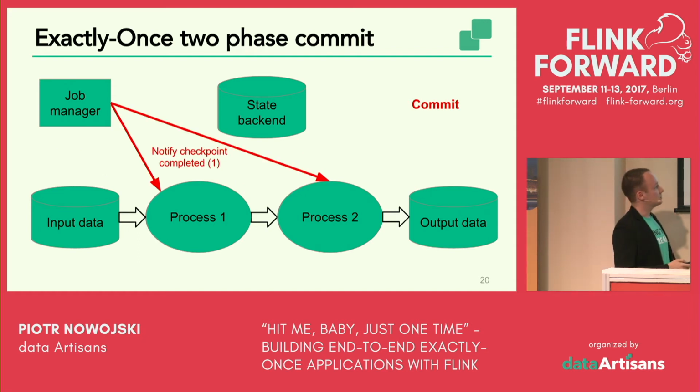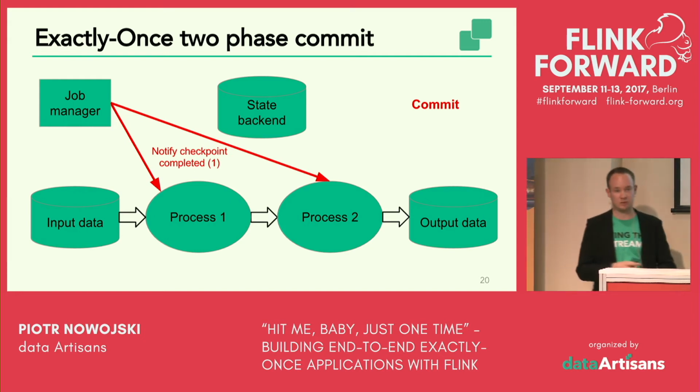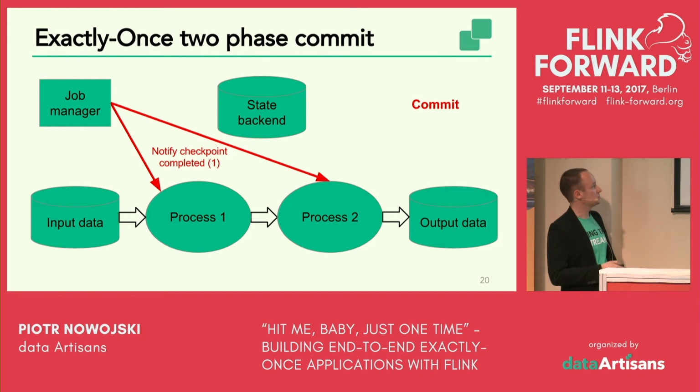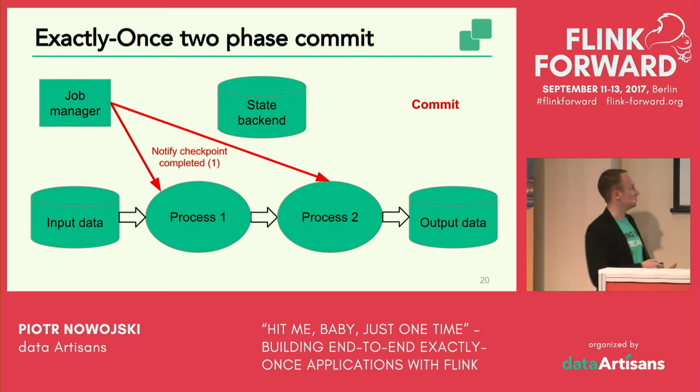Once every operator and every process successfully completes its pre-commit phase, with no exceptions and no errors, the Job Manager marks this checkpoint as completed and starts the commit phase of the two-phase commit protocol.